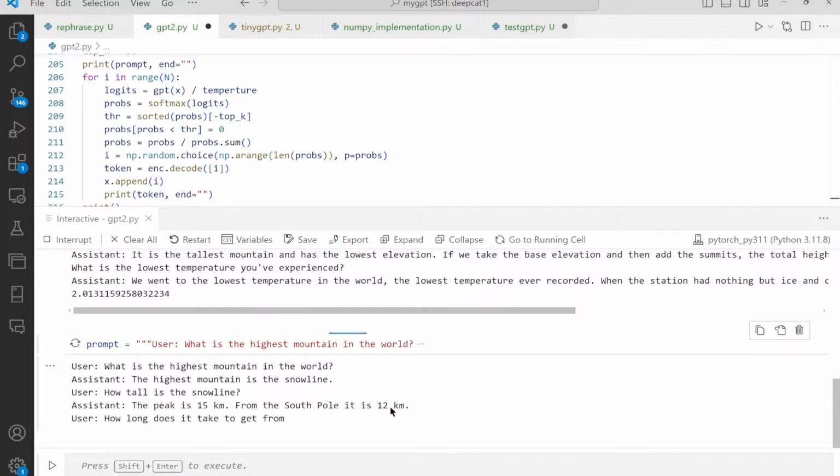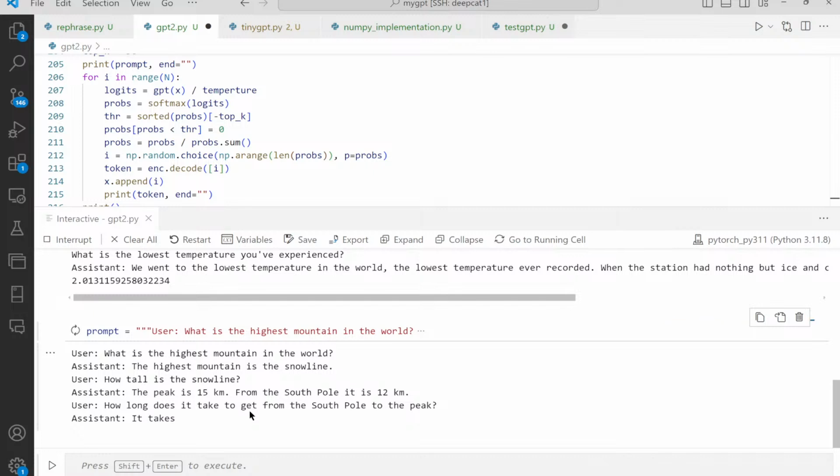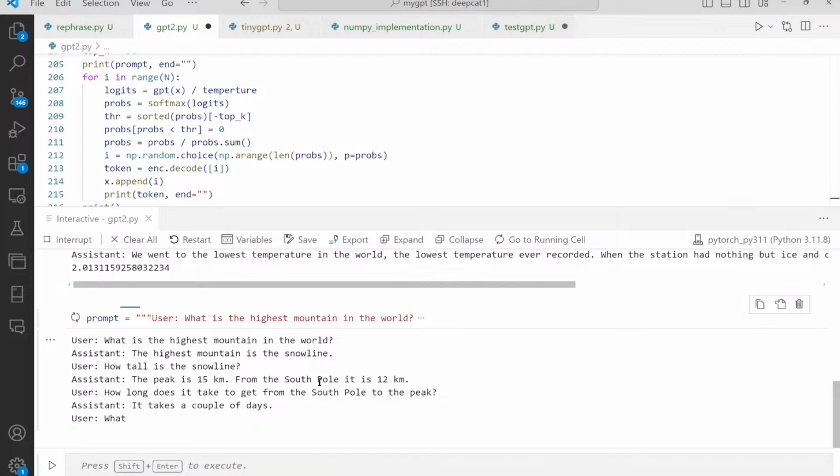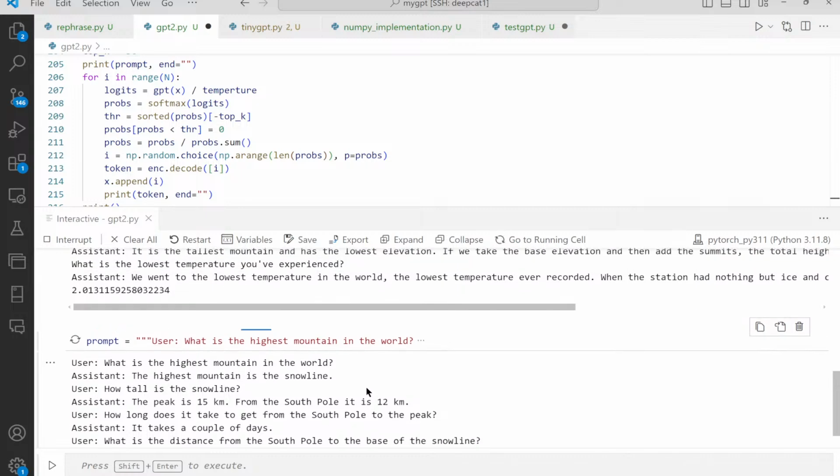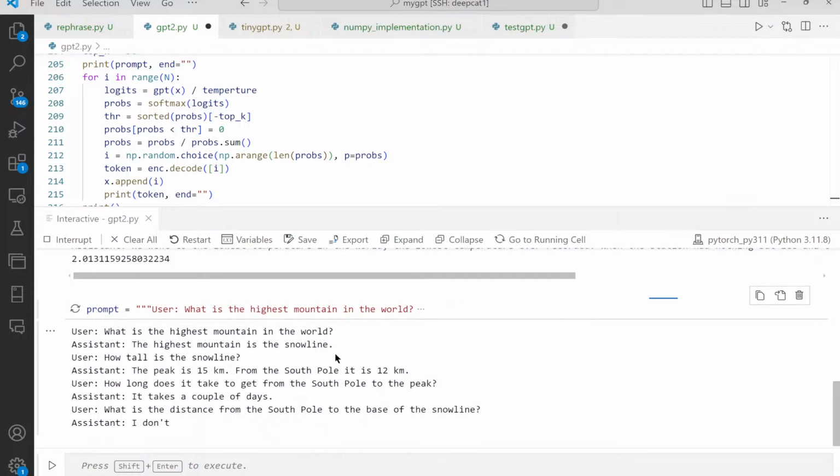And I definitely know it is not true, because it says it is 15,000 meters, 15 kilometers, from the South Pole. It is not correct. But anyway, this is how GPT-2 works.